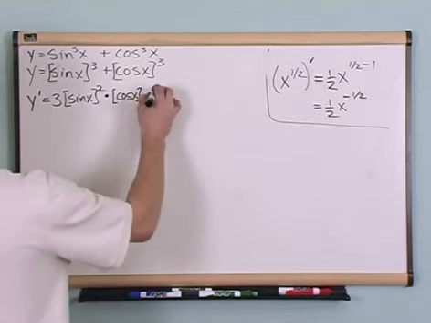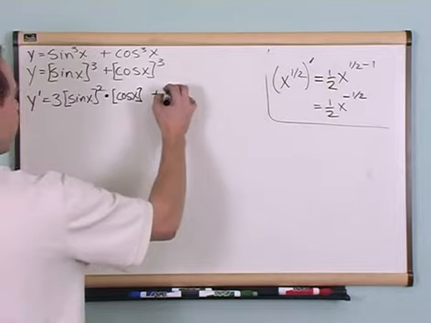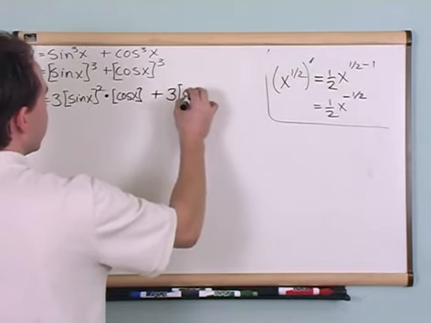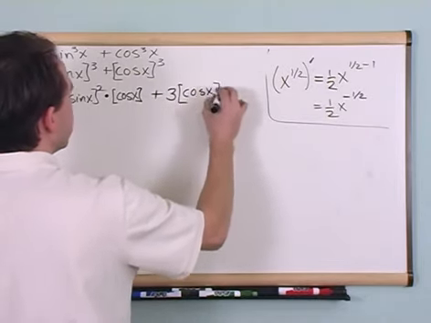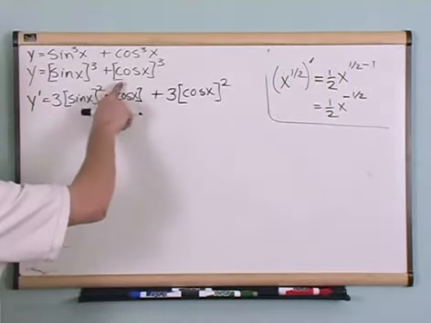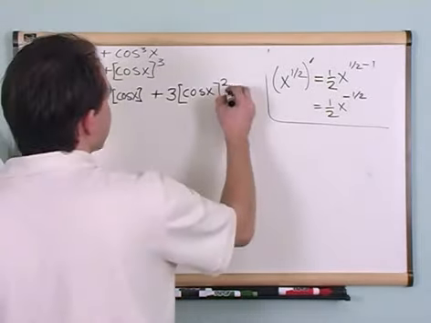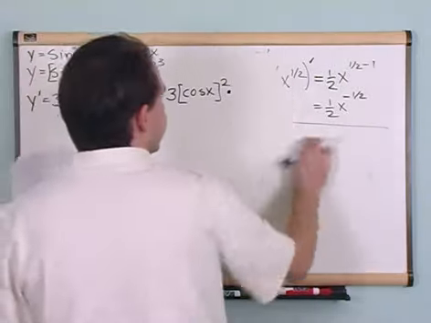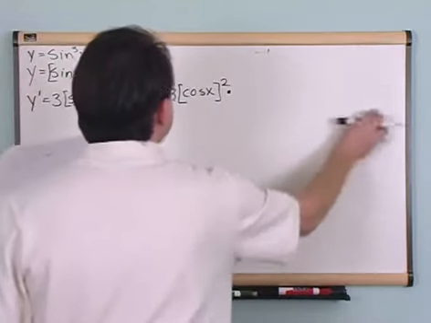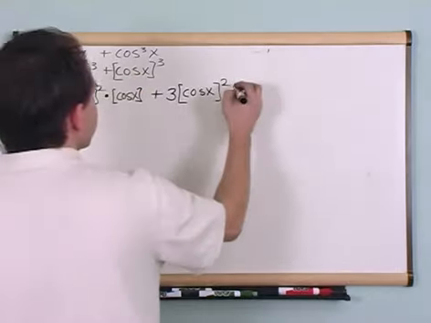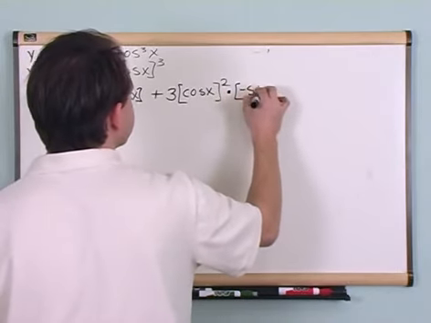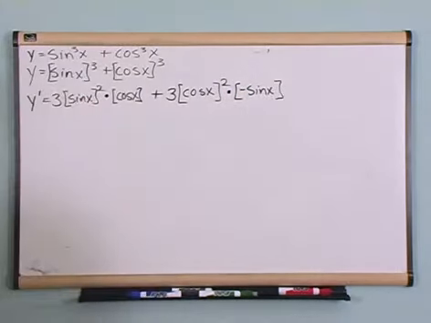Okay? Now I've got to deal with the second term, and it's going to be very similar. I'm going to have 3 times the cosine of x to the second power, pull the 3 out, write the inside down, put a 2 up in the top, but then again I've got to multiply by the derivative of the inside, and the derivative of a cosine is negative sine, like this. Okay?